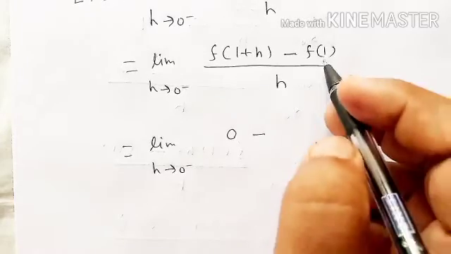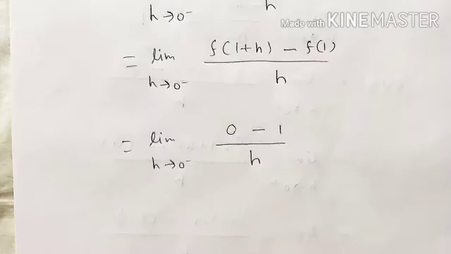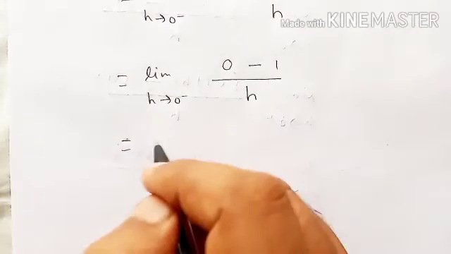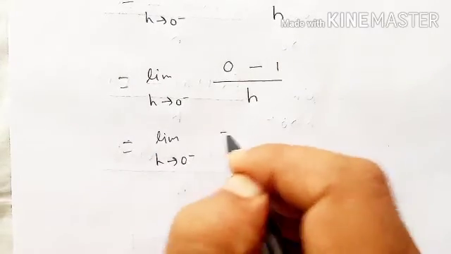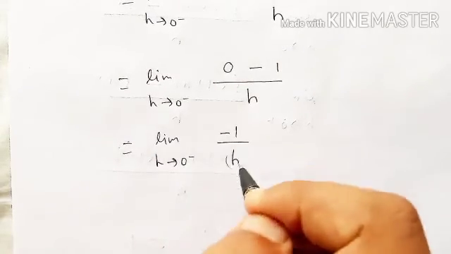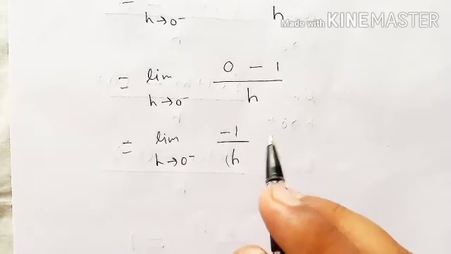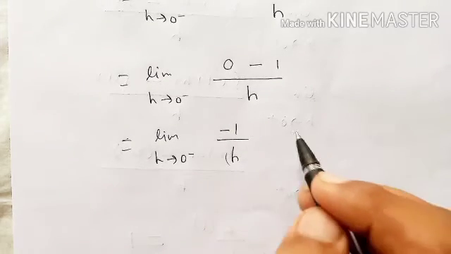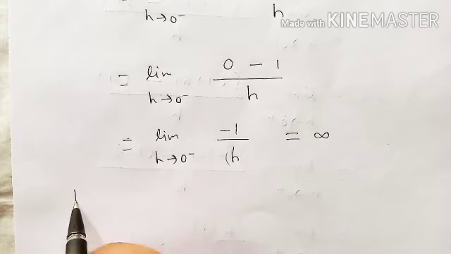Greatest integer of 1 will be 1, by h. Here we have −1 by h. Limit h tends to 0 minus of −1 by h. h is negative and nearer to 0. So if we divide −1 with a very small negative value, then we get infinity.